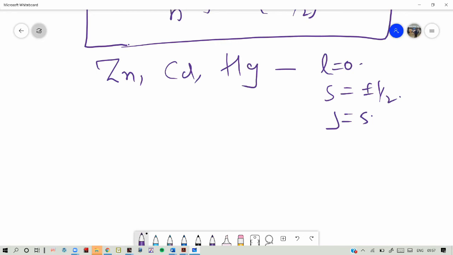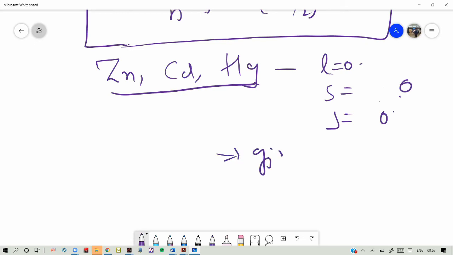Sorry, it is not for these atoms; L is 0, S is also equal to 0, not half. They are completely filled. And J is also 0. And this gives us Gj Mj equal to 0. That means the beam will not be deflected in this field. And they actually observed this in the experiment.